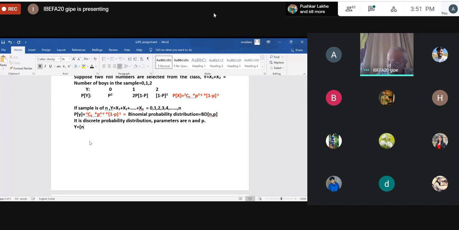There are n plus 1 values for variable y, and this is called the range of y. N plus 1 values of the variable we call the range of y. So binomial distribution has a discrete range.